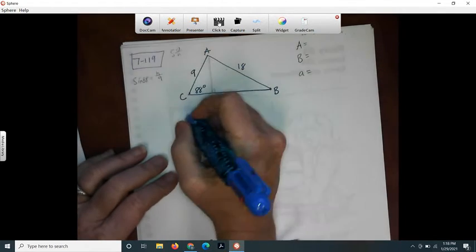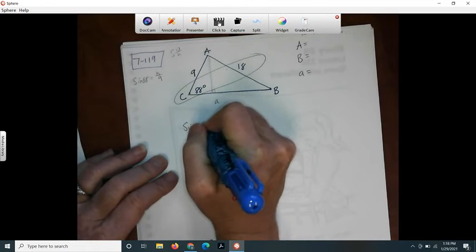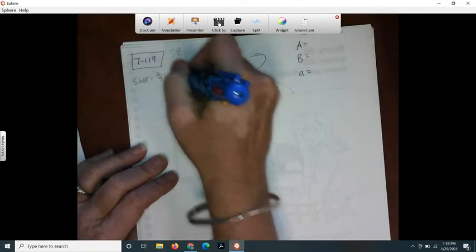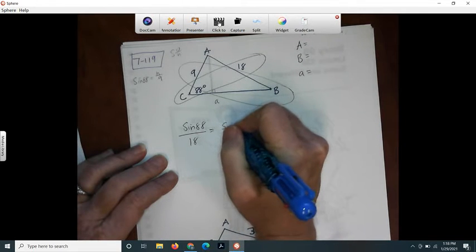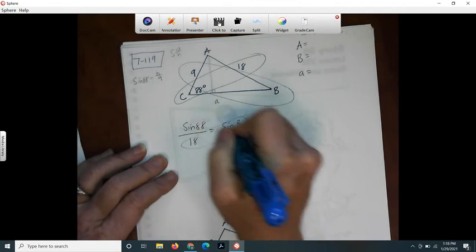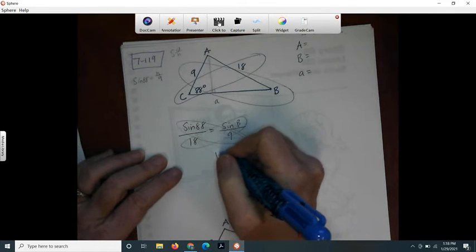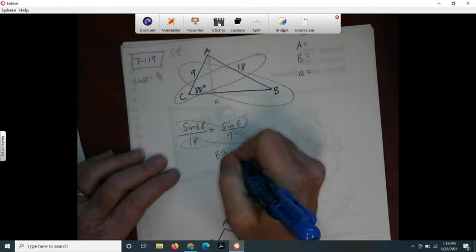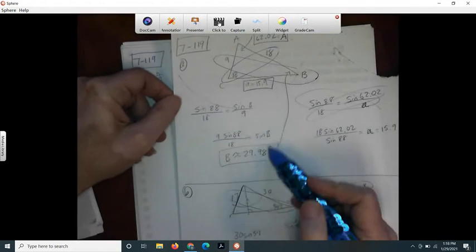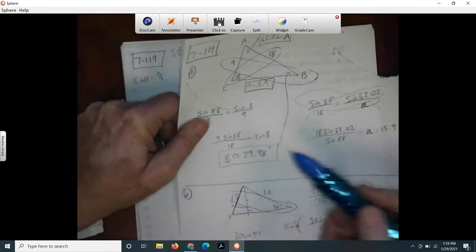Here's an angle measure pair, so sine of 88 is to 18, as sine of B is to 9. I'll do my cross products, and I did all my work right here, and I found out that B was 29.98.